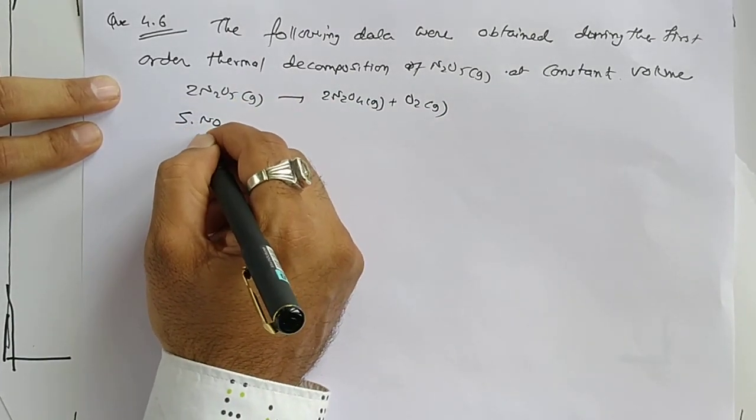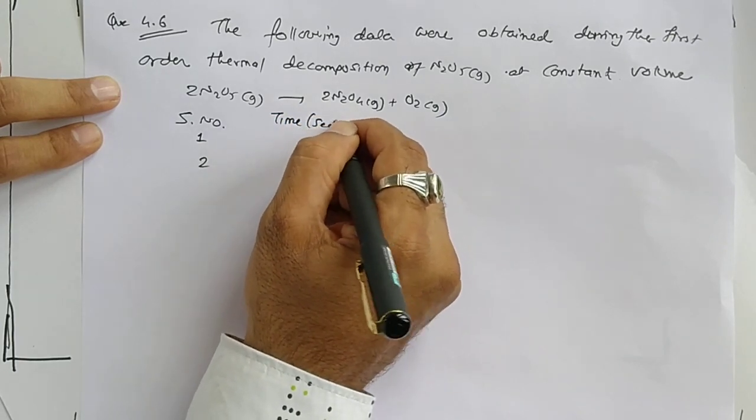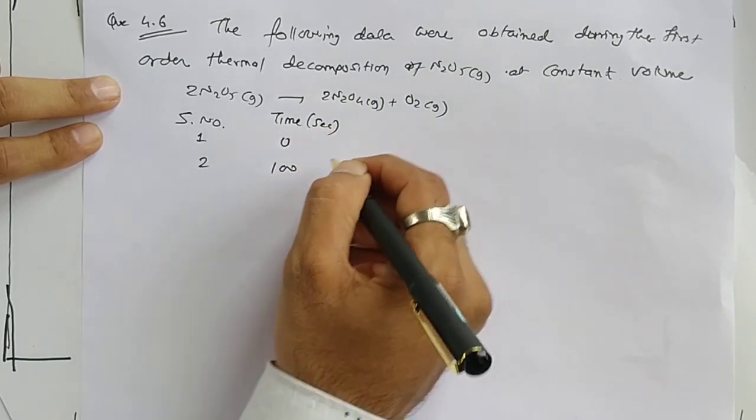Total pressure in atmosphere at 0 second and 100 seconds is given.